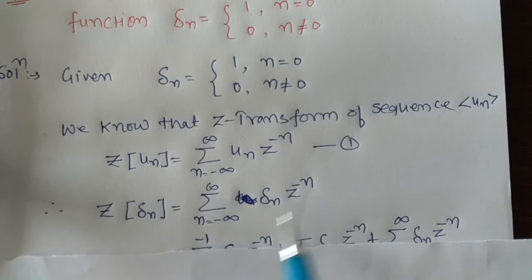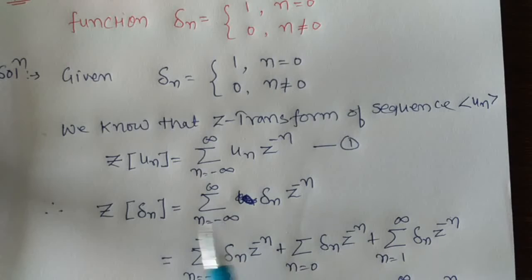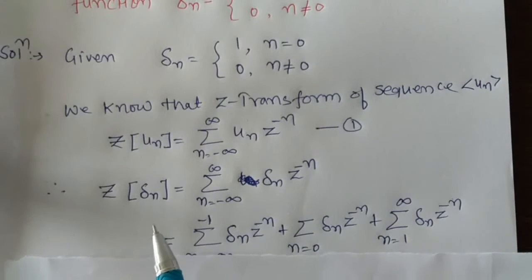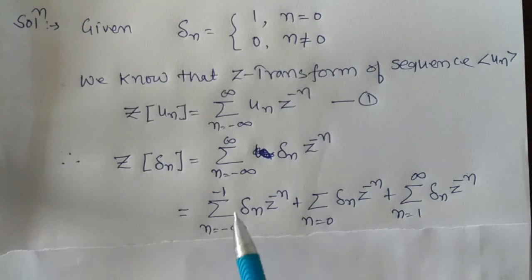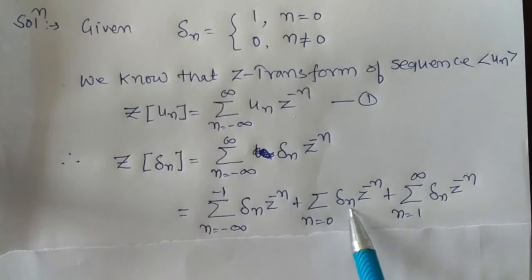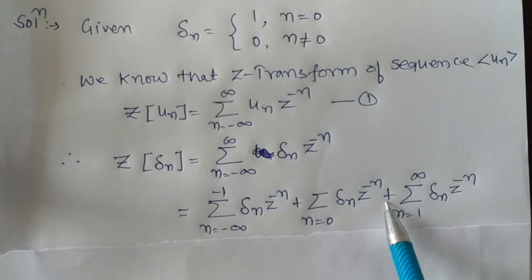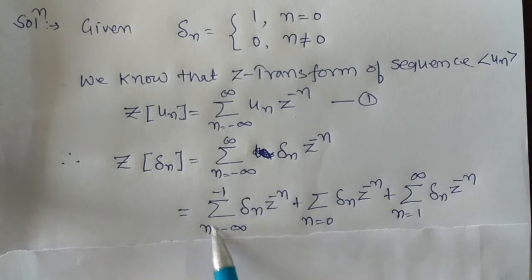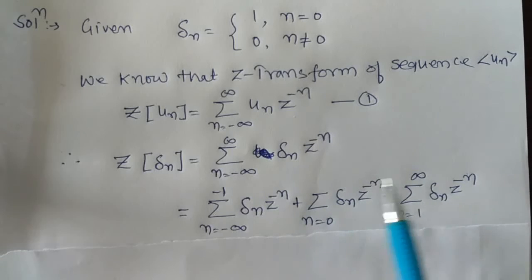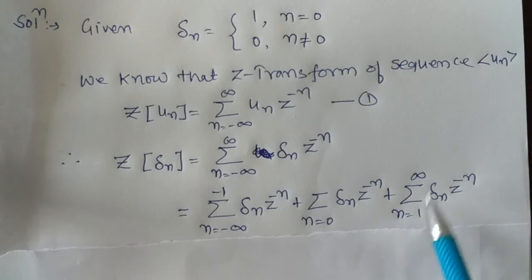So by splitting this summation we get the Z transform of delta n is equal to summation n goes from minus infinity to minus 1 delta n z power minus n, plus summation n equal to 0 delta n z power minus n, plus summation n goes from 1 to infinity delta n z power minus n.